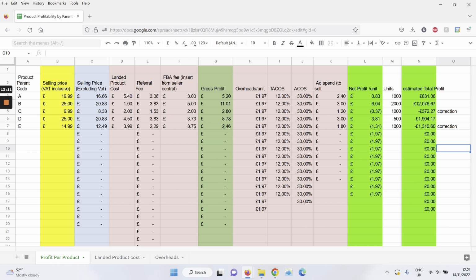This review, this analysis, this profitability calculation by parent item will help you see which style, which product is actually profitable, which is not profitable, which is paying for everything else, and which needs more boost. And consolidate your business and get rid of duds. Now, this obviously appears to be a dud, losing product, so you just highlight it in red, and then you know that this is something that I need to take care of.